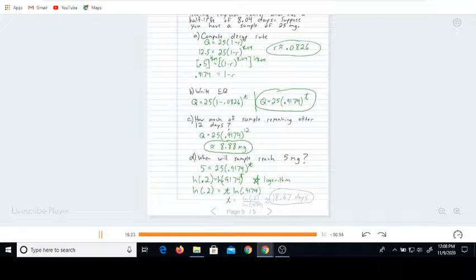Therefore, t equals natural log of 0.2 divided by natural log of 0.9174. We type that into the calculator, and we get 18.67. So it would take about 18.67 days to decay down to 5 milligrams.